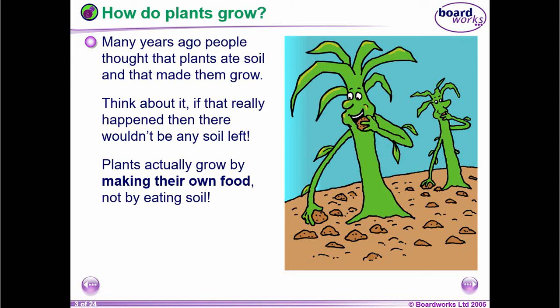Then he weighed a plant and put it in the soil and left it for 5 years, and he didn't add anything except water. After 5 years, he noticed that the mass of the soil was almost the same. It didn't change, and the mass of the plant greatly increased.